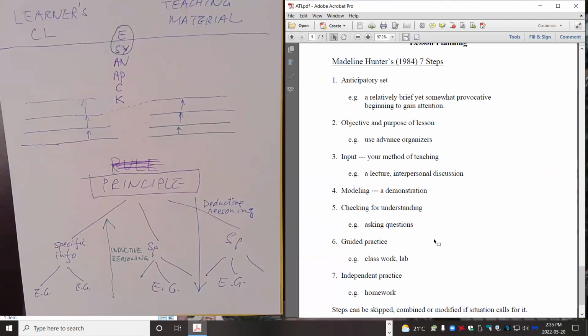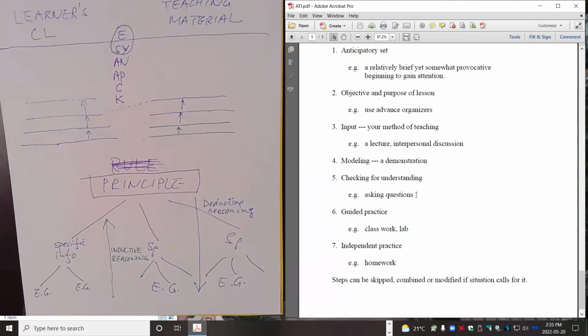Checking for understanding. Of course, how do you do that? You ask questions, right? For a low CL class, you ask concrete questions with closure, yes or no, or this is good, this is bad, that type of thing.